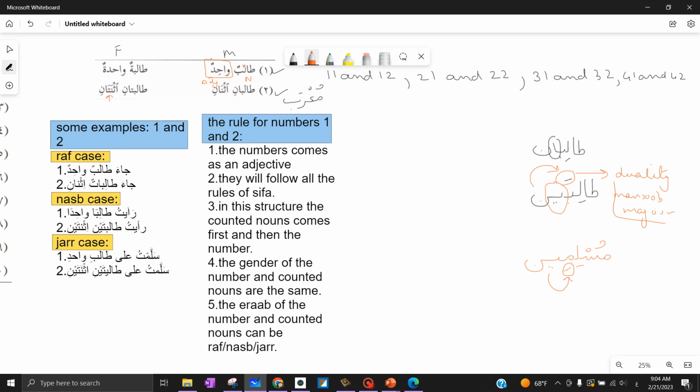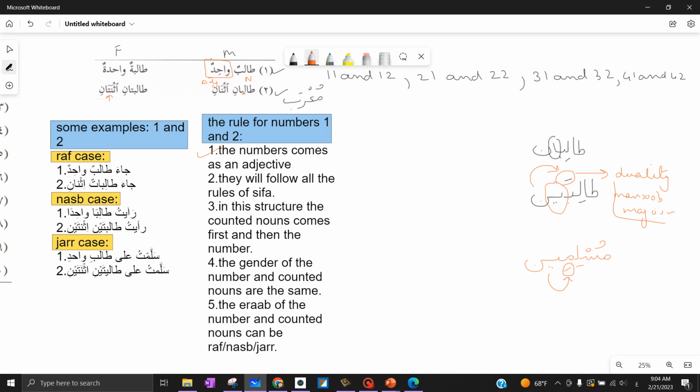Like if this noun is singular, the adjective will be singular. If this is in marfu, it will also be in marfu. If it is male, then the sifa will also be male, likewise. So another point, number 1, you should see the number should come as an adjective.